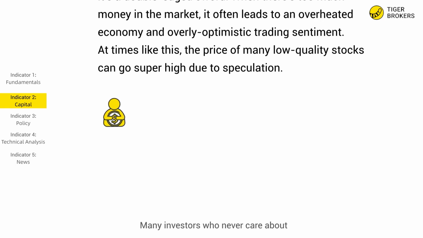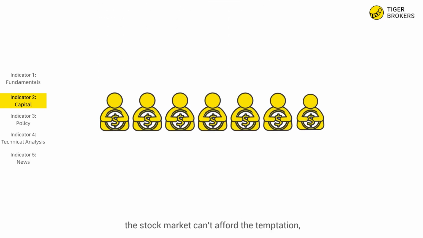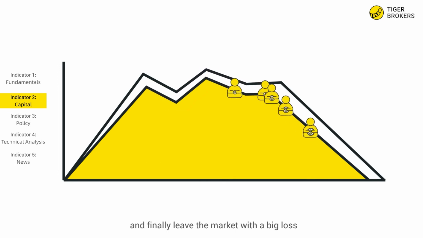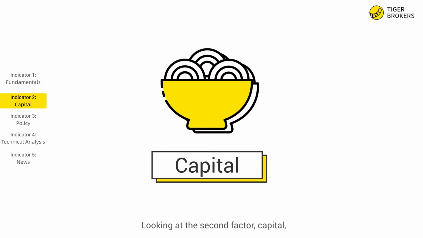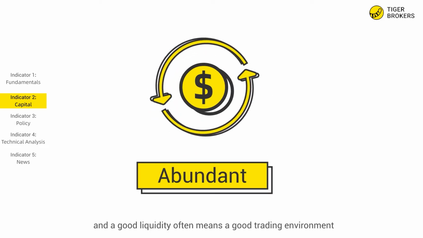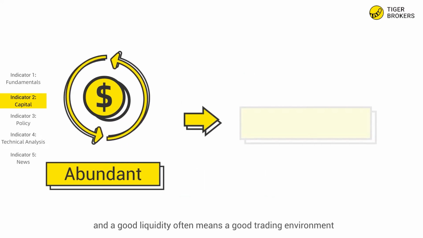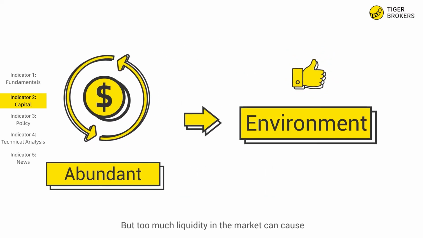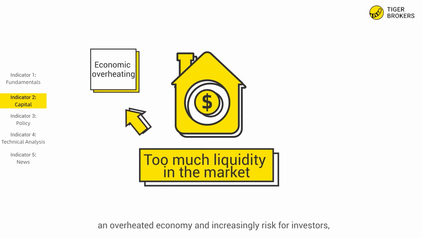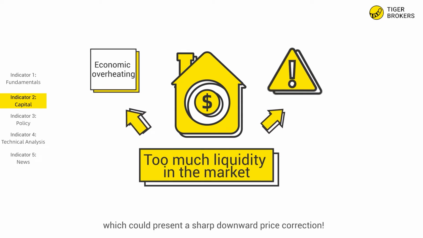Many investors who never cared about the stock market can't resist the temptation, get into the market, chase prices up, and finally leave the market with a big loss. Looking at the second factor, capital, you can determine whether there is a good market liquidity. And a good liquidity often means a good trading environment. But too much liquidity in the market can cause an overheated economy and increasing risk for investors, which could present a sharp downward price correction.